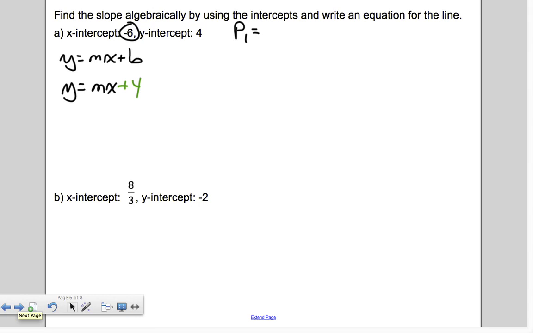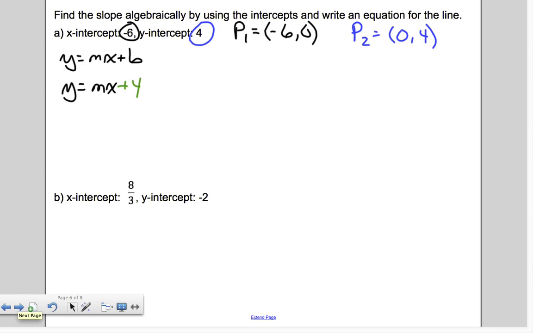What does that really mean? Negative 6 comma 0. Point 2 is just our y-intercept. What are the coordinates? 0 comma 4. Okay. So we have our 2 points.